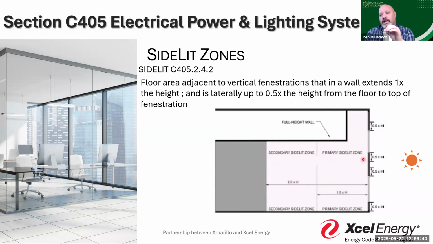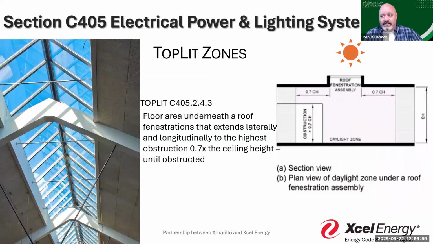half a height laterally. And so what we're saying is if I have 150 watts of power inside this zone, then I need to control for it. I need to have a daylight responsive control. One thing I never get is this kind of information. I always have to double ask for this information. Same concept with top lit, right? If I got a sunroof, which is a skylight, which we know is required by the code for certain size buildings, then you're going to have areas that are affected by the sun's natural light.